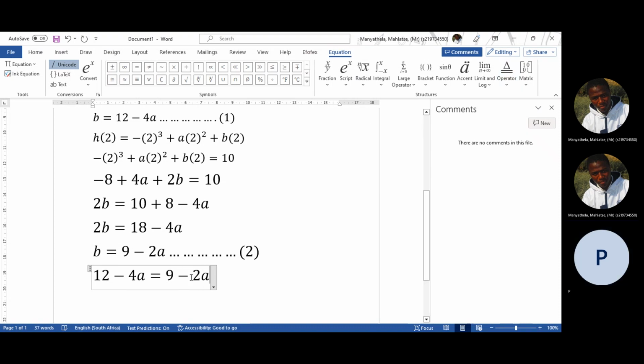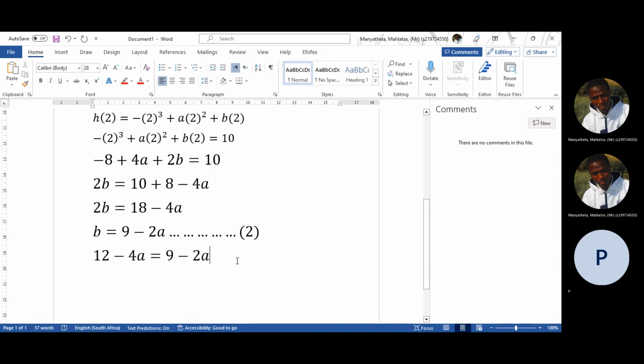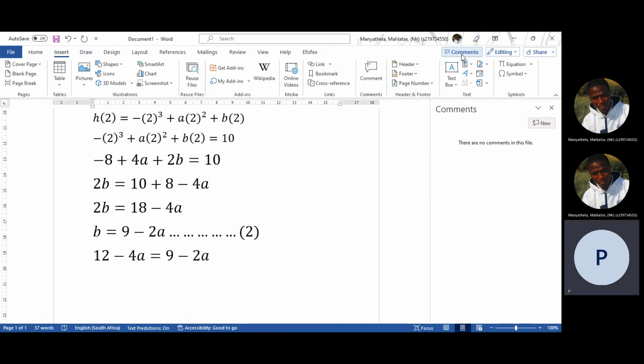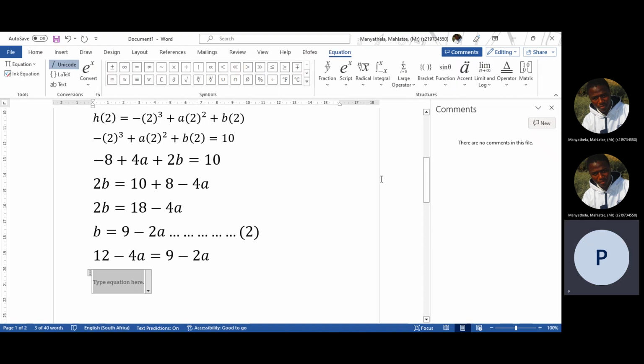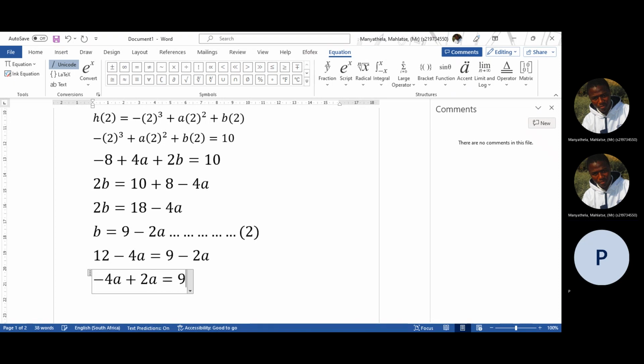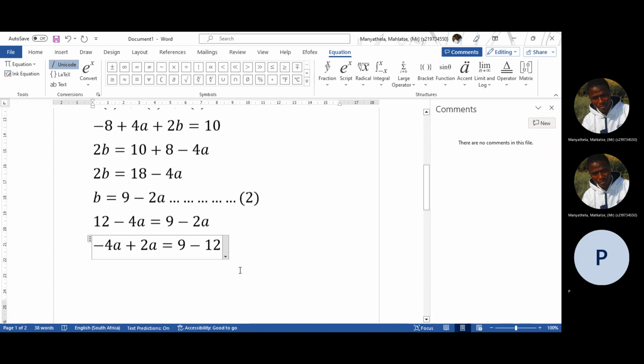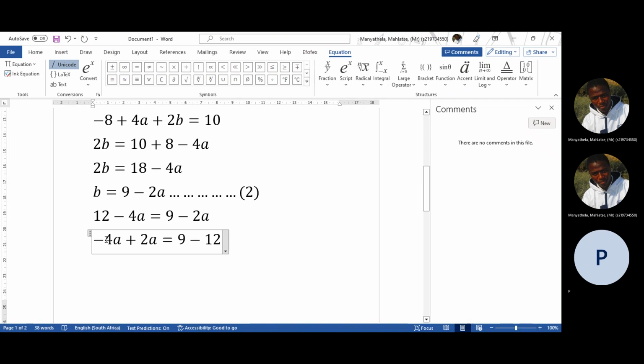I will take terms that contain a to the left and the constants to the right. So I will have minus 4a plus 2a is equal to 9 minus 12. So let's add the like terms. We're having minus 4a plus 2a, which is how much?